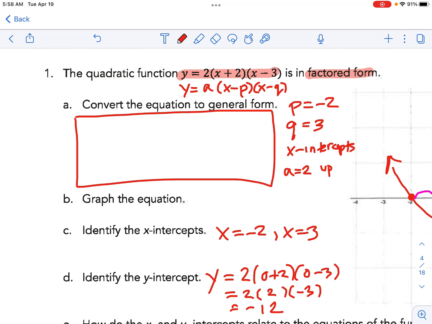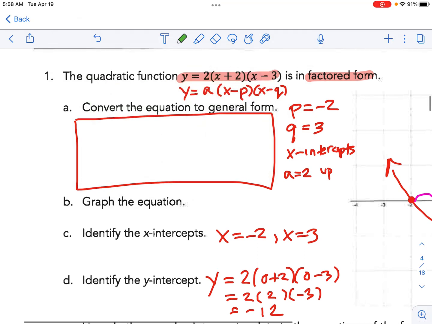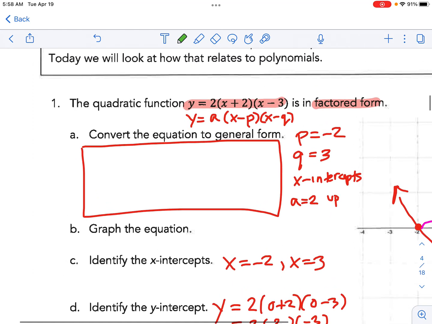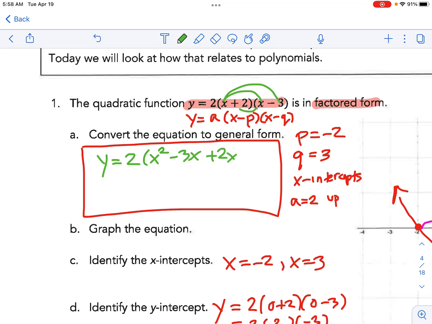But I do want to spend a moment and convert that to general form, because that gets us something which is kind of nice. So we're going to FOIL this out. It's x times x, which is x squared, and x times negative 3, which is minus 3x, 2 times x, which is plus 2x, and 2 times negative 3, which is negative 6.